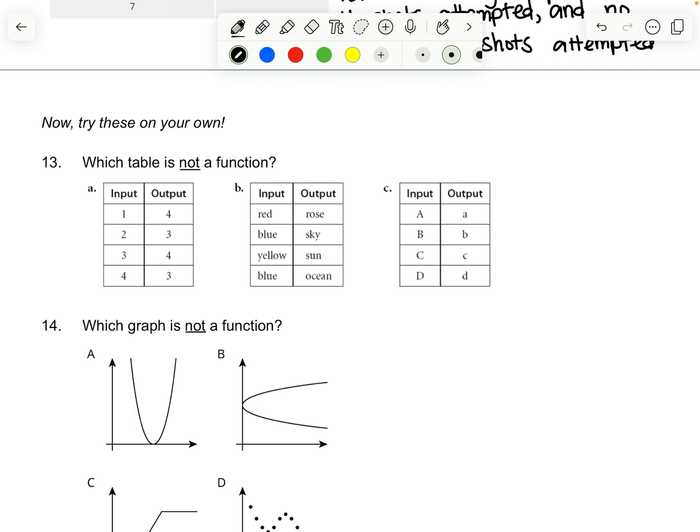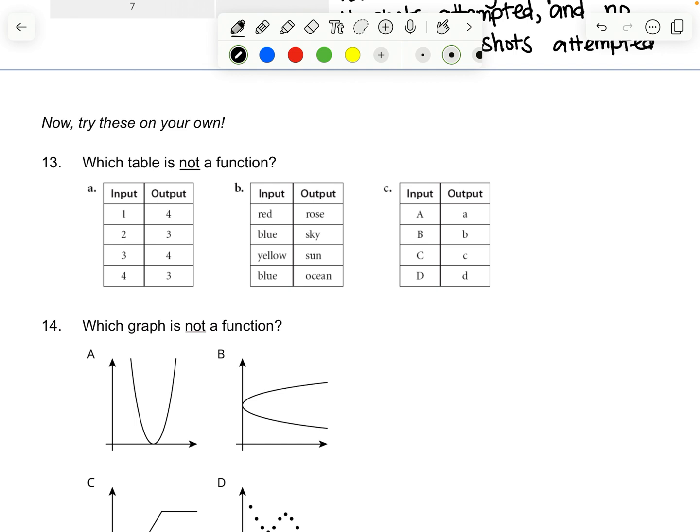About 10 more seconds. All right, let's see if you are correct.